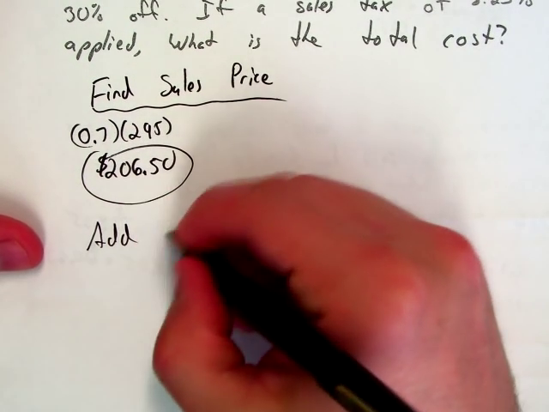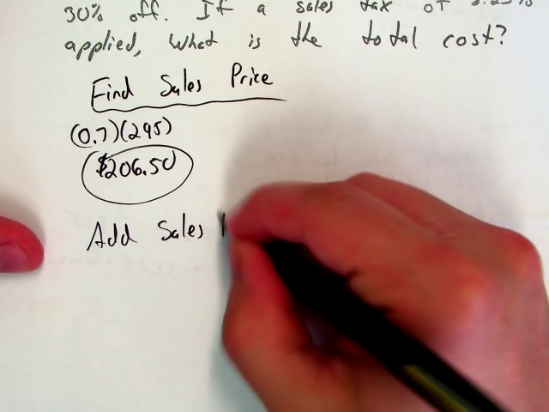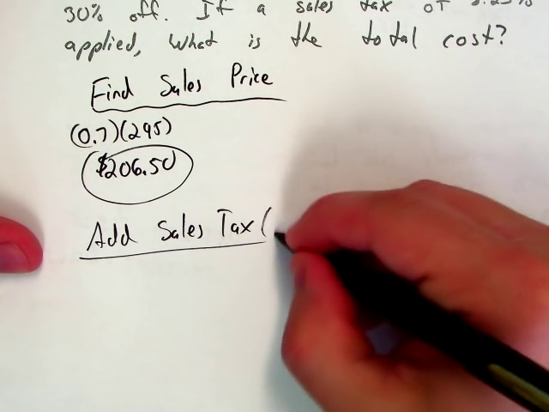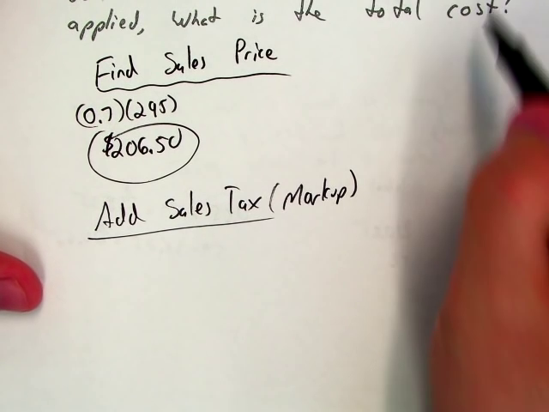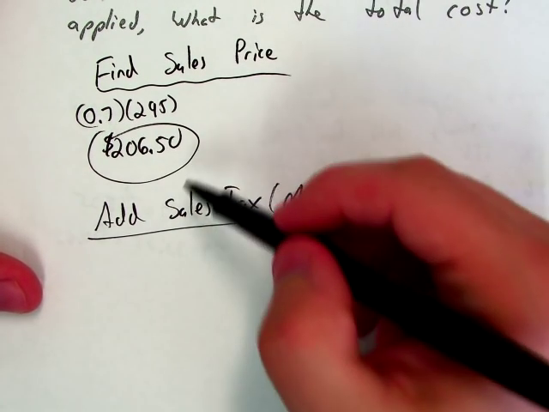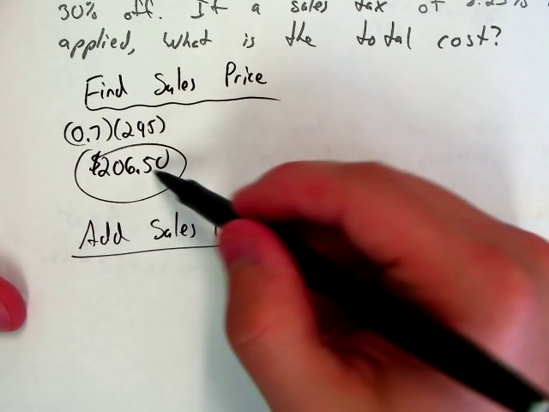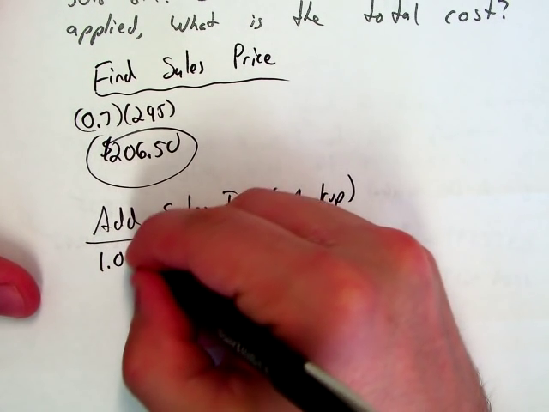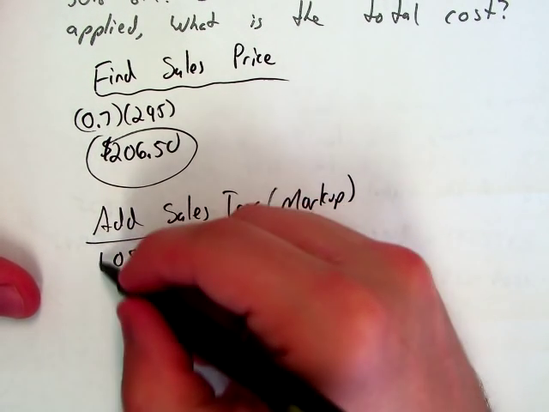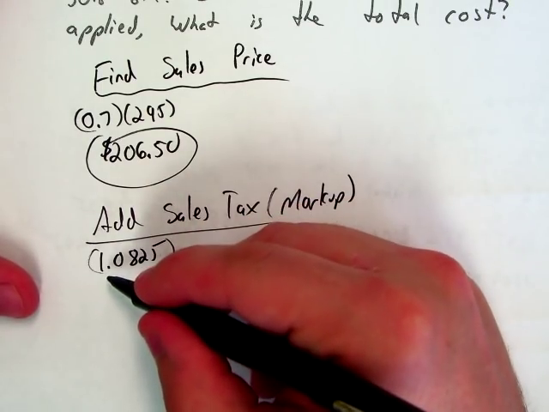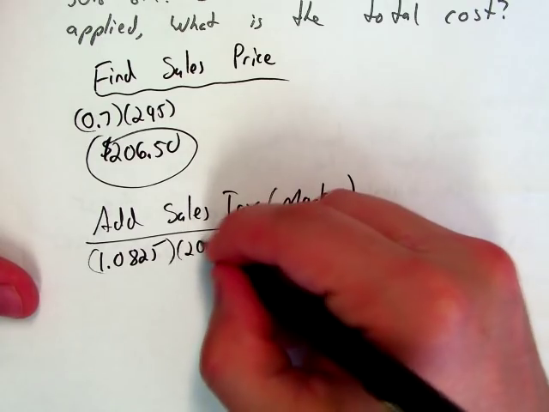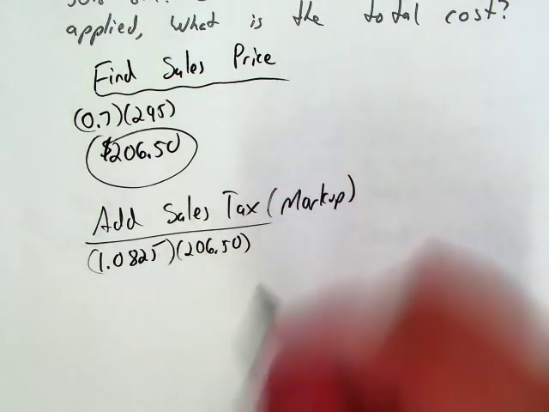Next, we want to add the sales tax. Sales tax is a lot like a markup. So for 8.25%, we can either find 8.25% of $206.50 and then add it back, or we can simply do 1.0825, which is 8.25% added on to 100%, times the $206.50.